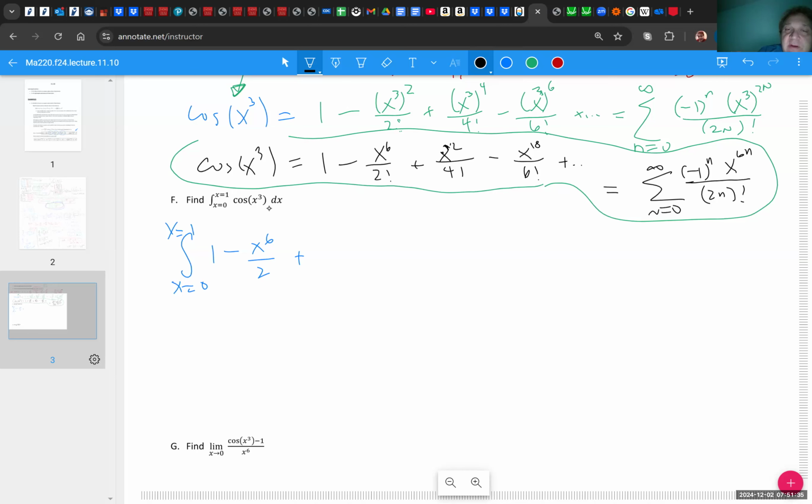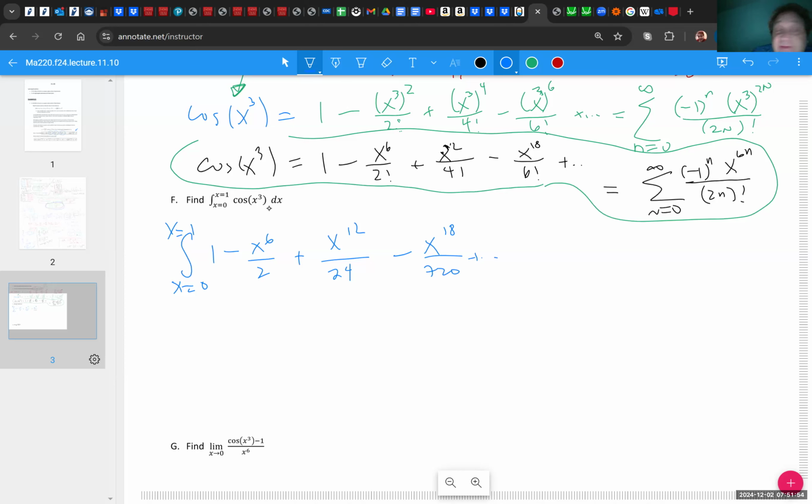The 1 disappeared. So x to the 12th over 4 factorial. 4 factorial is 4 times 3 times 2 times 1, which is 24. And then you get minus x to the 18th over 6 factorial, which I believe is 720, etc.